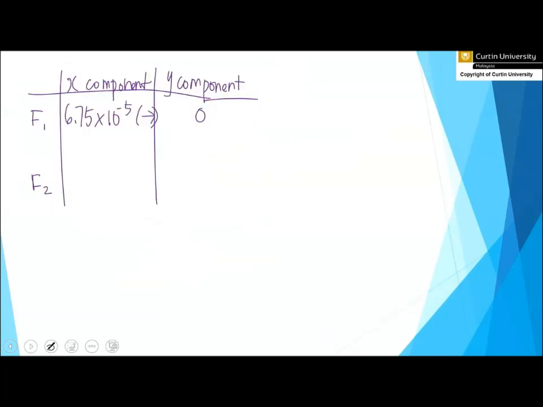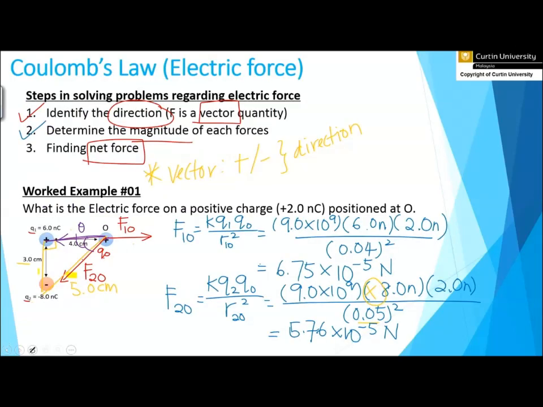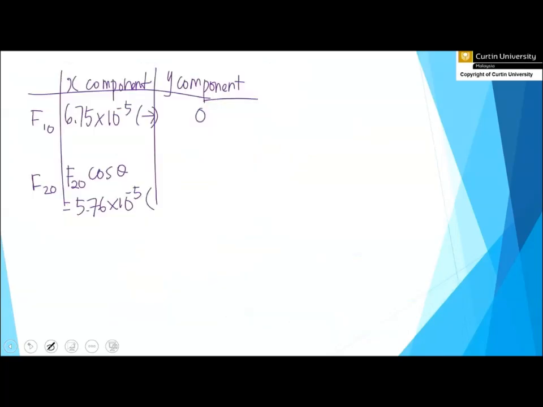So F2 is 5.676 times 10 to the power of negative 5. And your cos theta, if you look at the diagram, this side is 4, so this side will be your 5, which is 4 over 5. And that gives you 4.61 times 10 to the power of negative 5, moving towards the left.